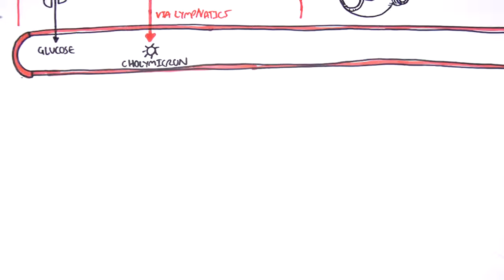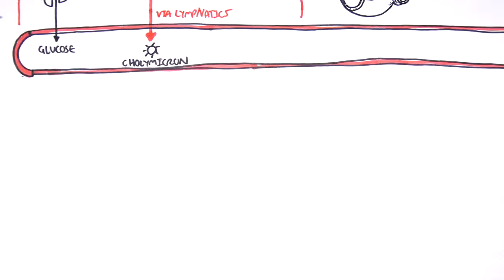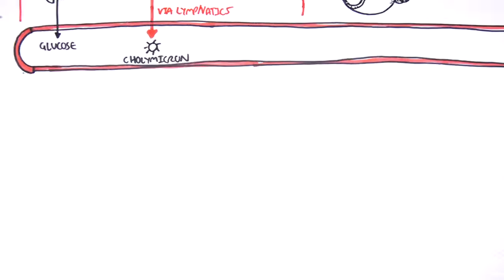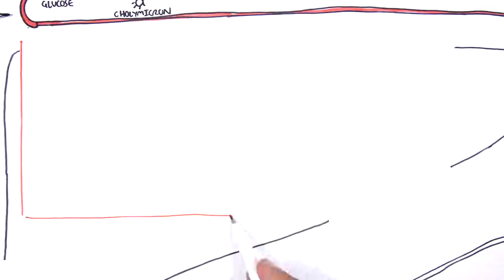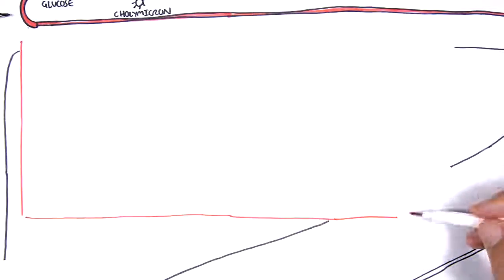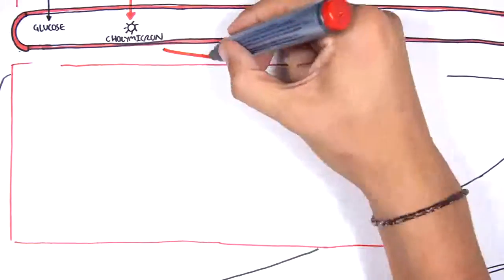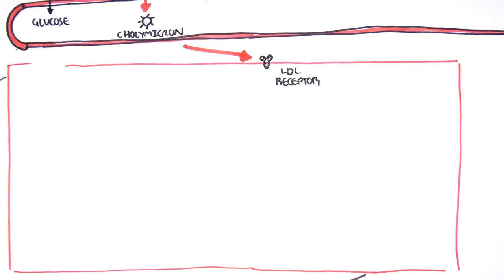The chylomicrons then circulate around the body, delivering lipids, delivering triglycerides to tissues that need it for energy. The remaining remnants of the chylomicrons will then finish and arrive at the liver. So here we have the liver. The chylomicrons will bind onto LDL receptors and will be brought into the hepatic cells.